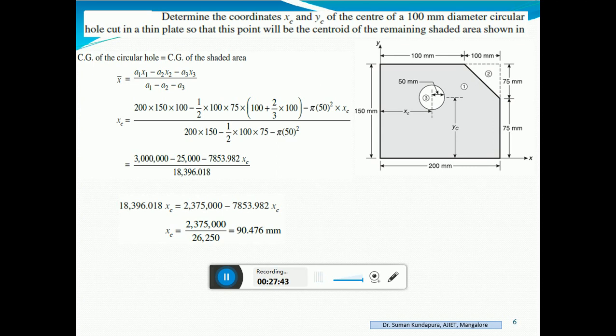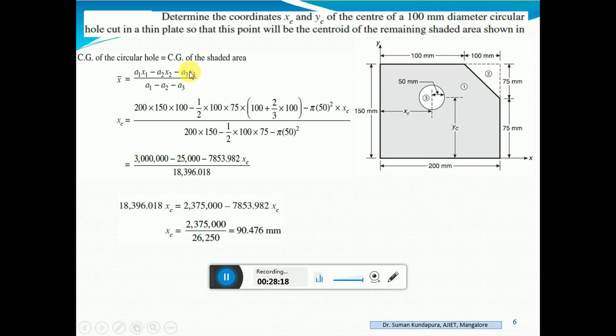That is, it tells that the coordinates they have marked xc and yc of the center of this circle whose diameter is 100 mm, hole cut in a thin plate such that this point will be the centroid of the remaining shaded area. So this is also the centroid of the remaining shaded area. That is what it says.